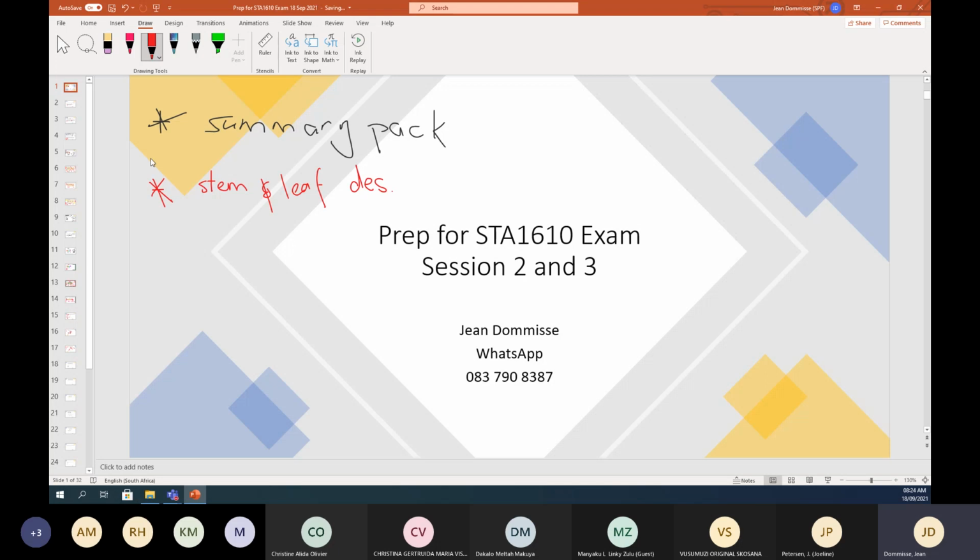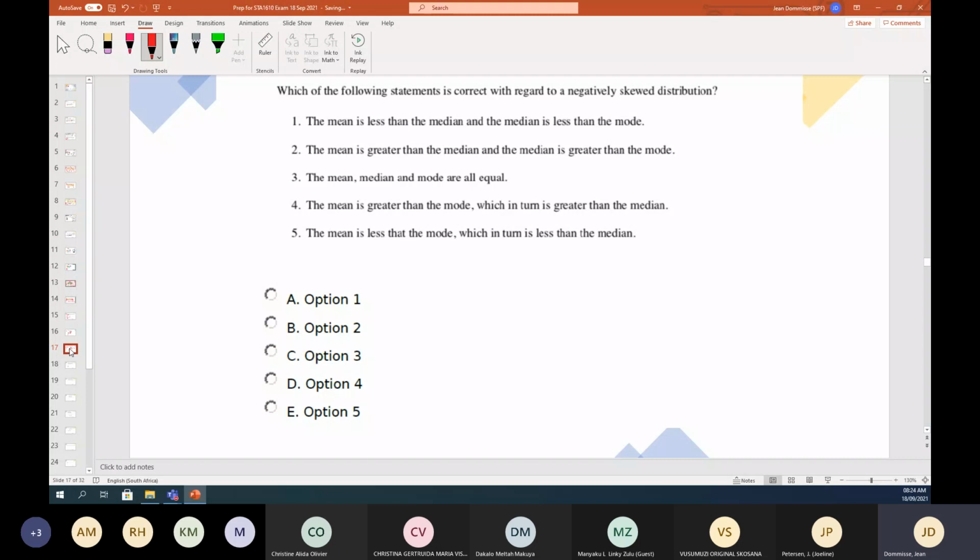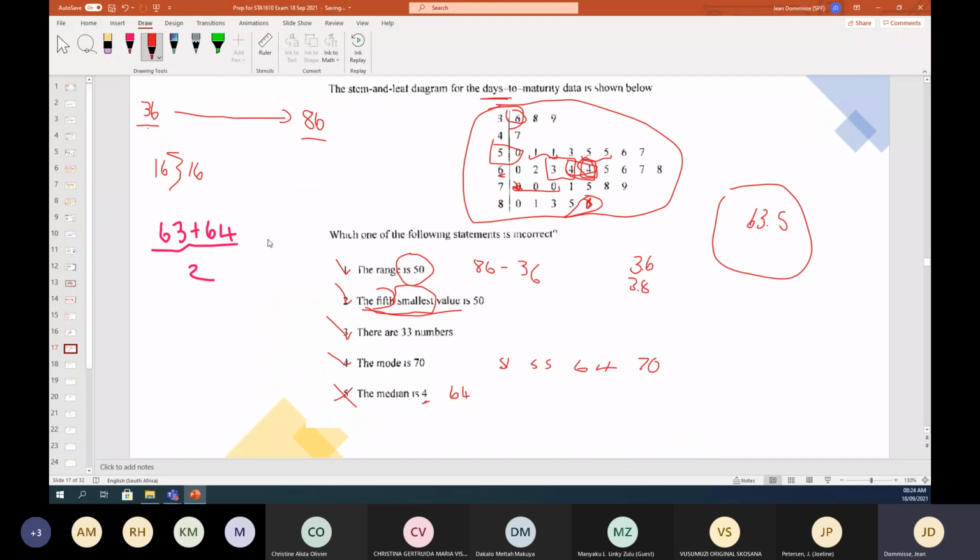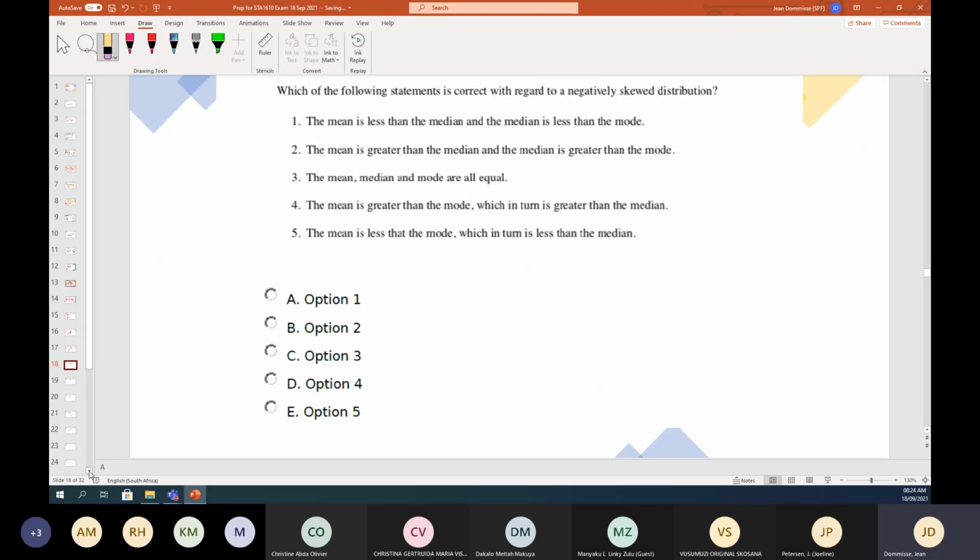I'll add just one for next week. I'll go and look for it so that if there is something different in the question sets, we do cover it. So I will just add that to the pack next week, and we can look at one or two other ones, just so that we cover everything.